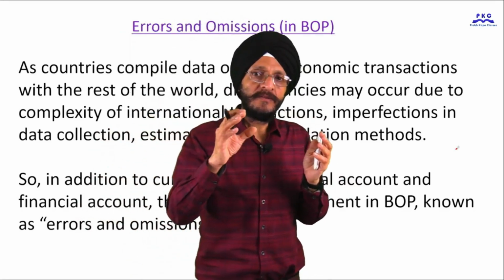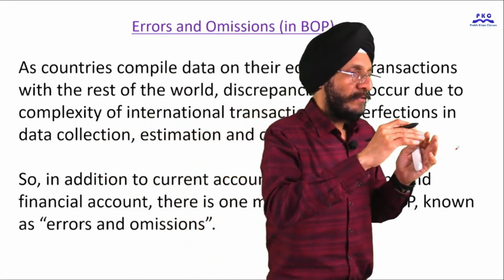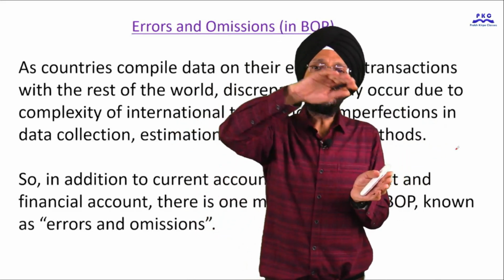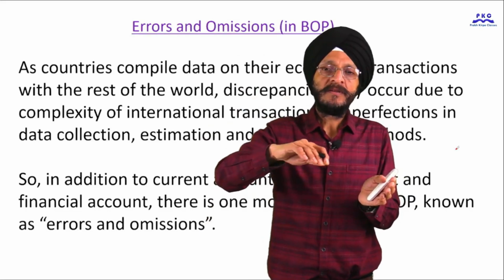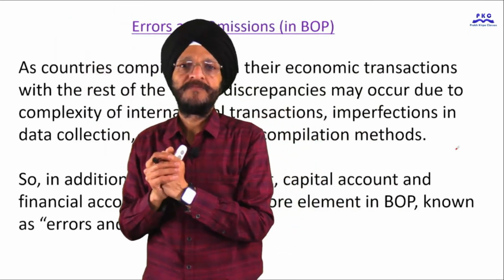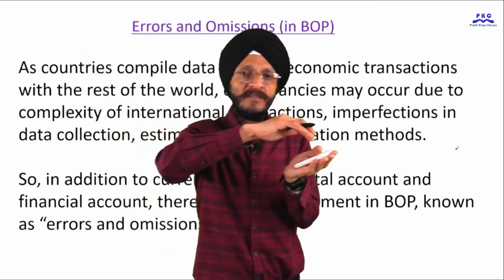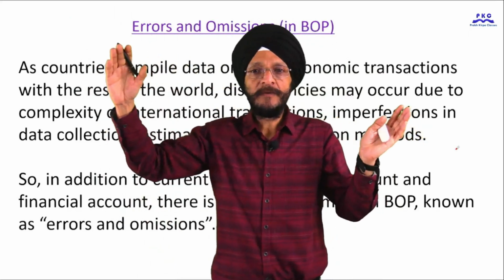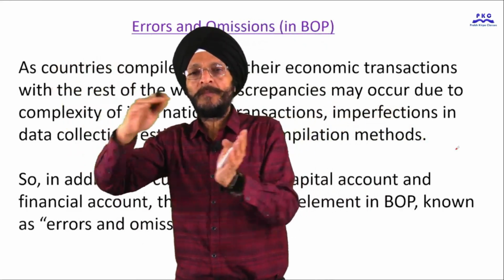When we have to make the record of all the transactions which take place between one country and other countries, these transactions are likely to be very enormous in numbers.